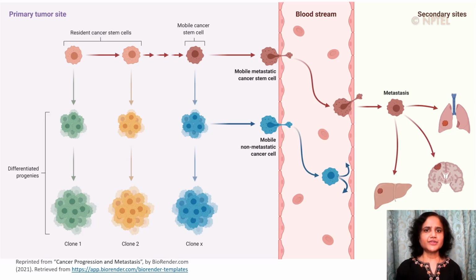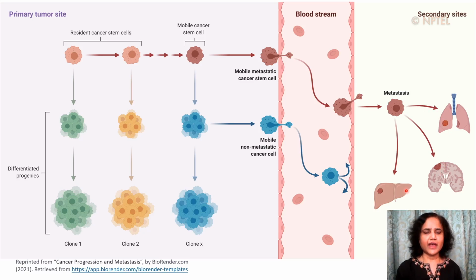This figure shows the importance of cancer stem cells in tumor establishment, even at a secondary site. So these cells, when they become mobile and invasive, can cross the endothelial cell layer and enter into the bloodstream, from where they can also cross the boundary and establish a metastasis at a secondary site.